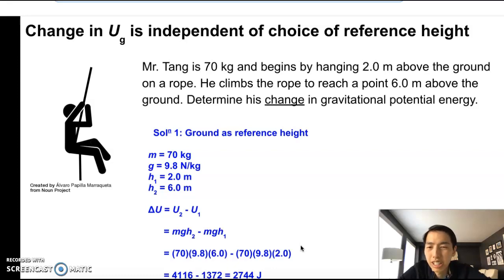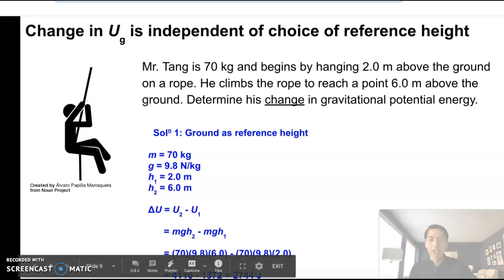That would be 2 significant digits. So that's my change in gravitational potential energy. It's saying that I've increased my gravitational potential energy by 2,744 joules. And that increase should be the same no matter where I chose the reference height.